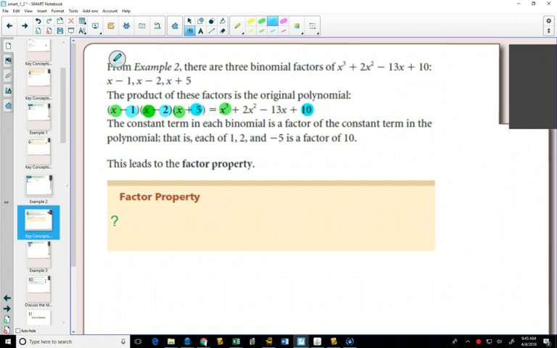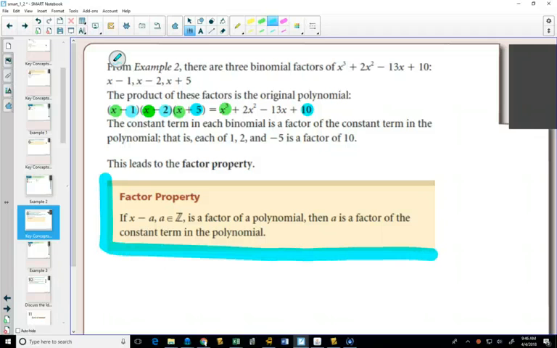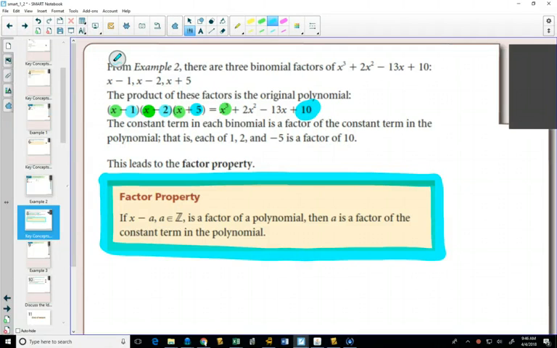And this leads to something called the factor property. The factor property says that if you're looking for a factor, look at that last term. Look at the 10. The only possible nice values for a factor will also have to be a factor of that constant term.